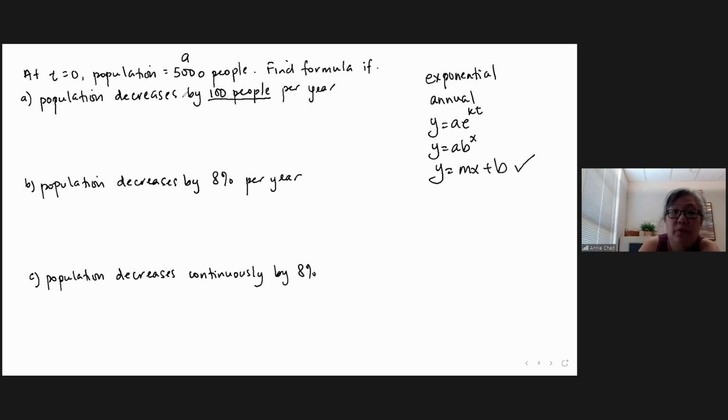So this is linear because the change is at a specific number. No percentage is given.